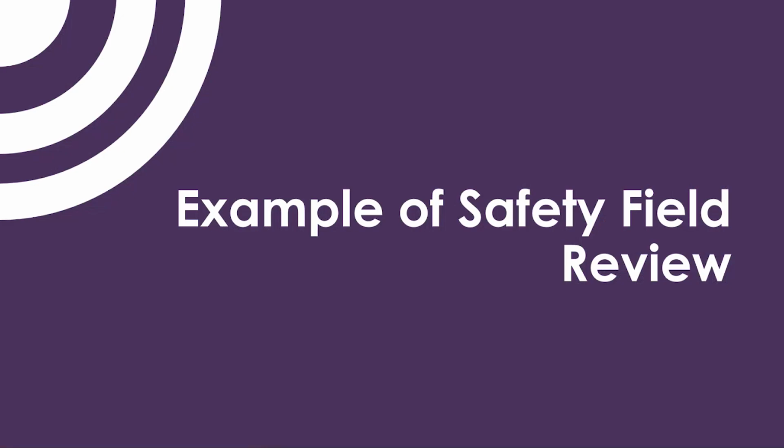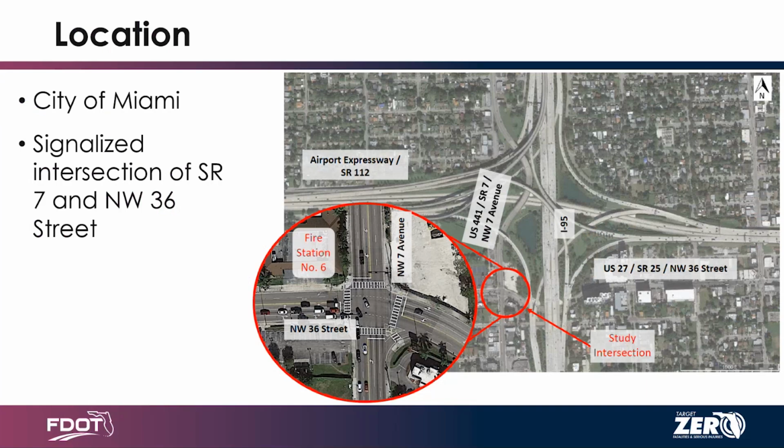So I'm going to walk through an example of a safety field review. For this location, we are in the city of Miami, at the signalized intersection of State Route 7 and Northwest 36th Street. You can see that it's near some major highways.